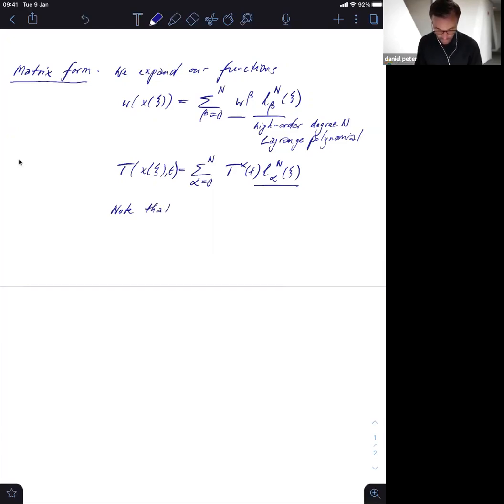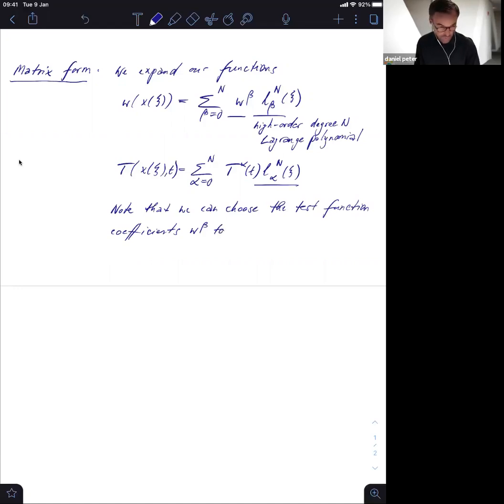So let me quickly put down that note about choosing. We can choose the test function. Or if you want, the test function coefficients, which in this case would be these W beta coefficients.